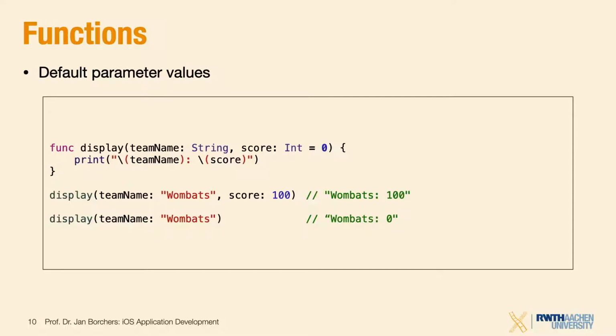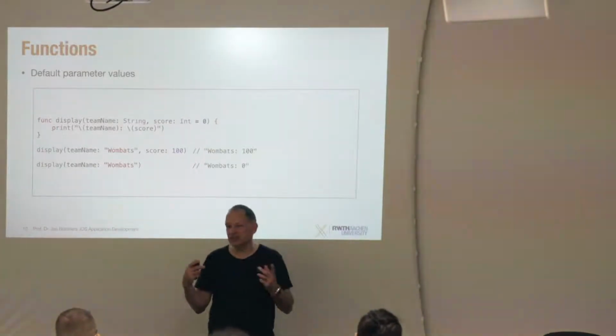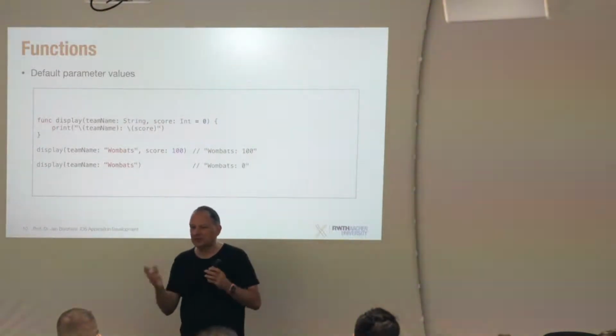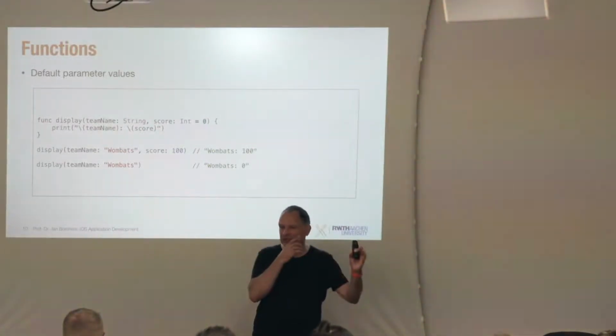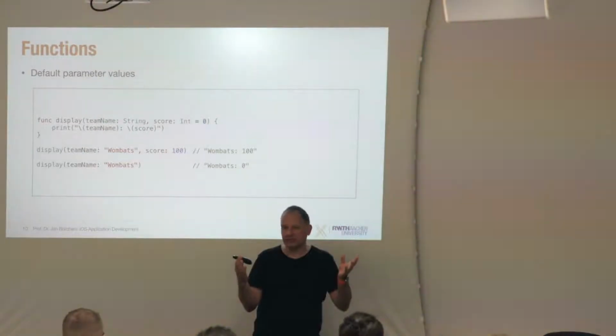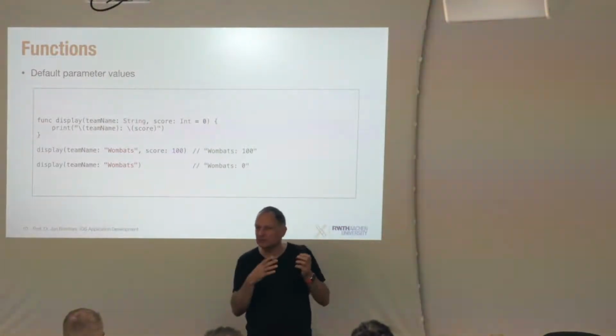Now the attentive among you are going to say, wait a minute, isn't that kind of clashing with this leaving out argument labels stuff? So how does the thing know, if I have a bunch of parameters that I provide inside a function call, which ones I'm leaving out and which one I'm referring to?